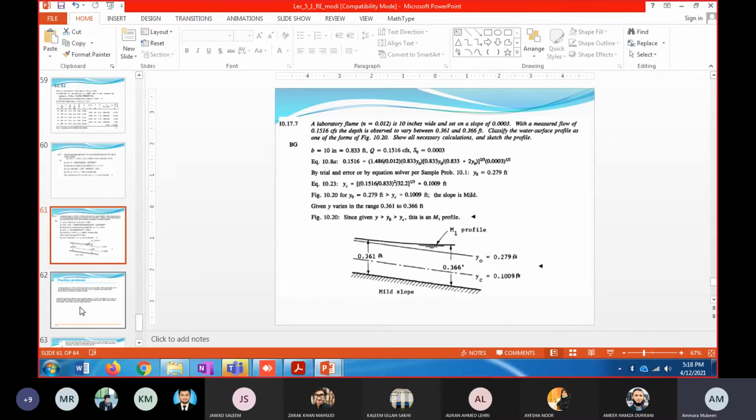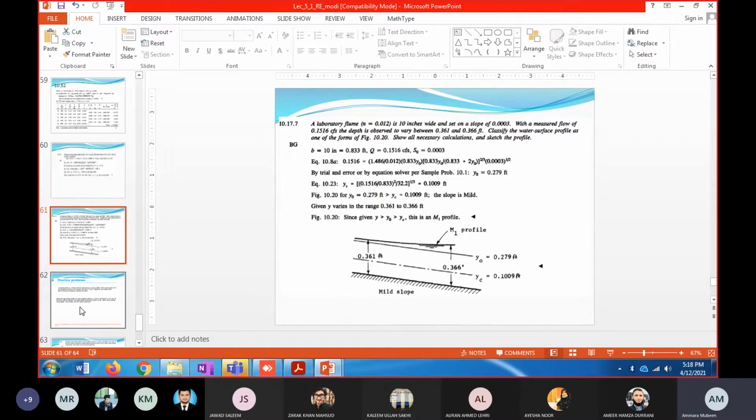So again, this is the question. You can check that you have to classify the water surface profile, show all necessary calculations. But they have given us some parameters through which you would be easily calculating the Y naught. Y naught is the normal depth or uniform depth value.